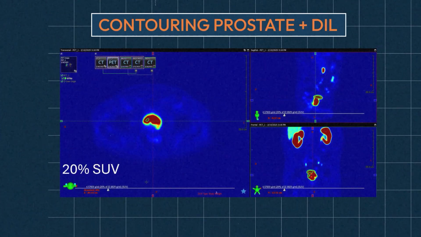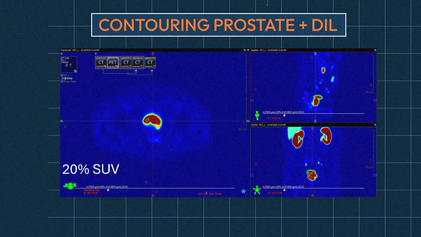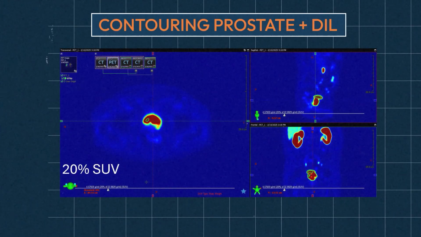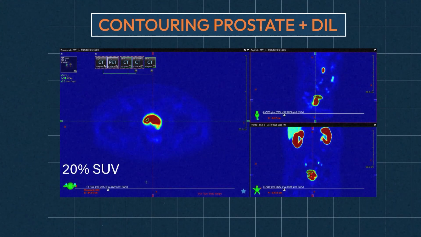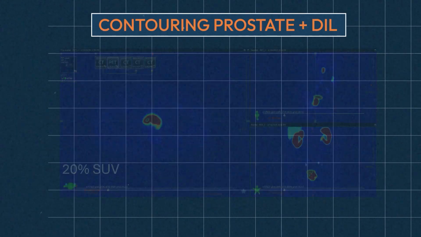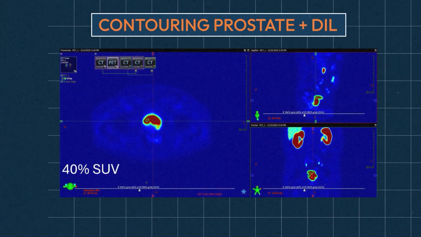So now if we use a 20% SUV, you can see that the contour in a light green is basically encompassing all of that PET signal, not just the very intense red areas, but the lighter areas like the light green. If we start to adjust the threshold to a higher SUV, you can see now you're excluding some of the PET signal. The green contour is now hewing more closely to the red area.